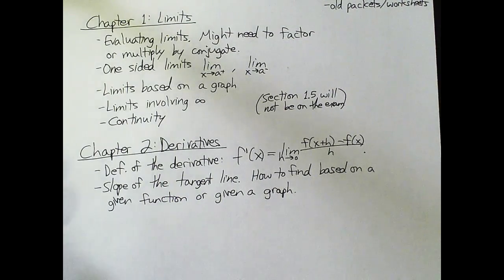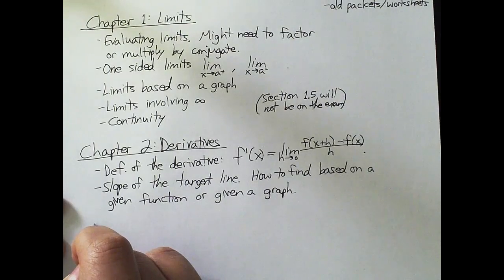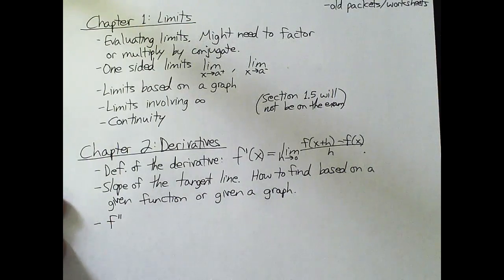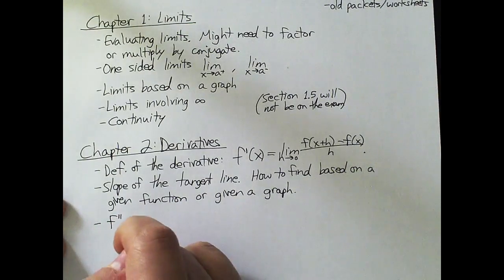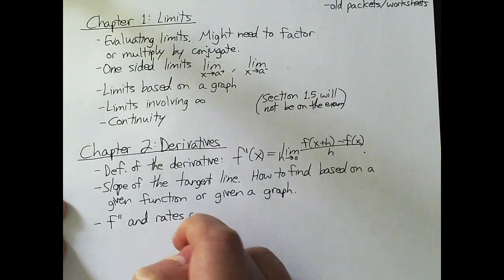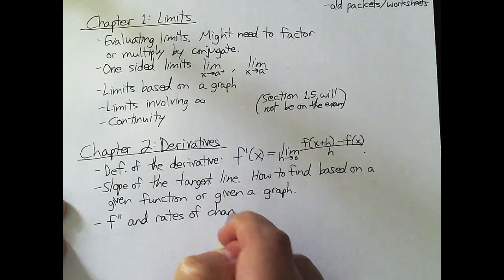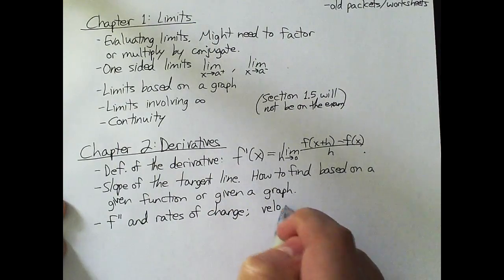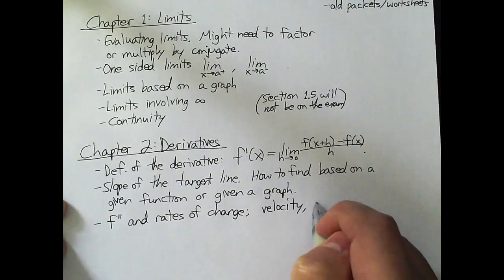We also, pretty early in this chapter, talked about the second derivative, f double prime. And something I just said out loud is rates of change. This includes things like velocity and acceleration.